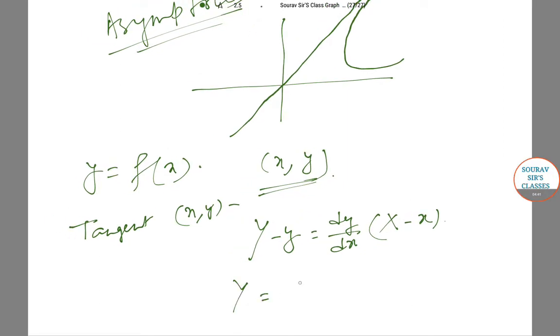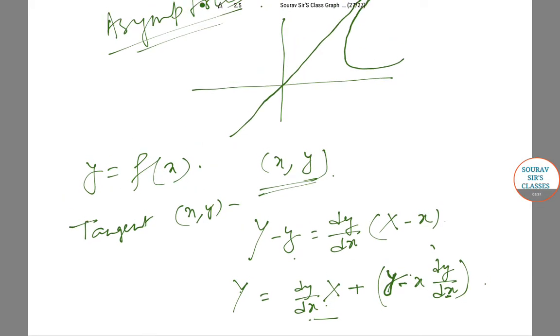So Y equal to dy/dx times X plus (y minus x dy/dx).